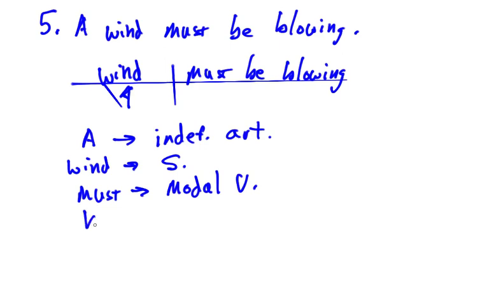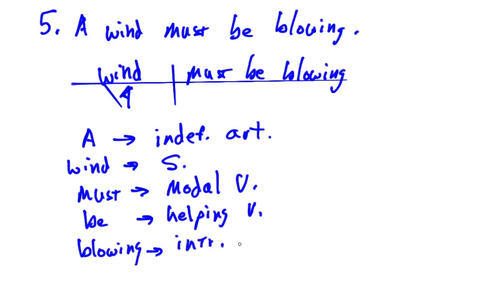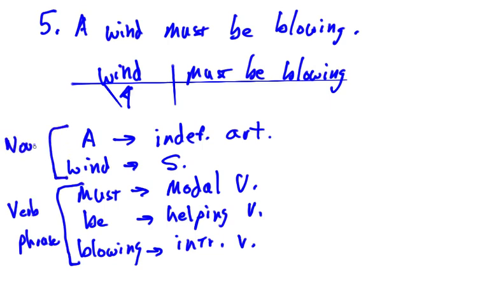Modal verb. Be, helping verb. Blowing, intransitive verb. So must be blowing, 3 words together, is our verb phrase. A wind, indefinite article, is a noun phrase. Great. Okay.